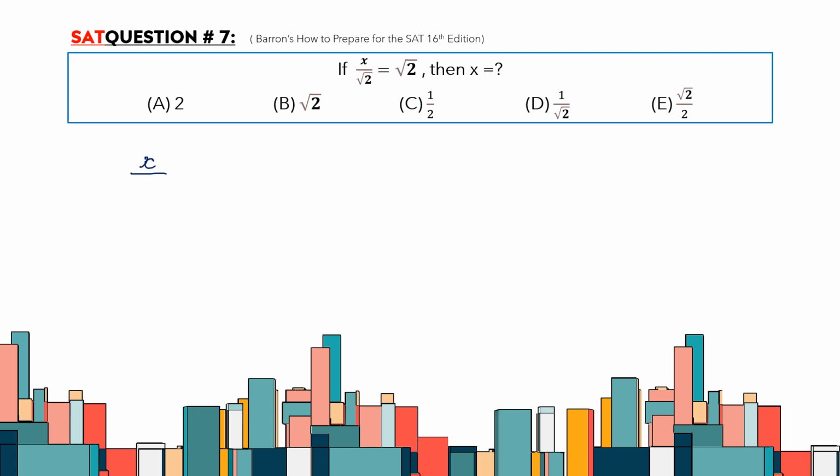So we rewrite x over square root of 2 equals square root of 2. We multiply both sides by square root of 2, so we can isolate x on the left hand side.